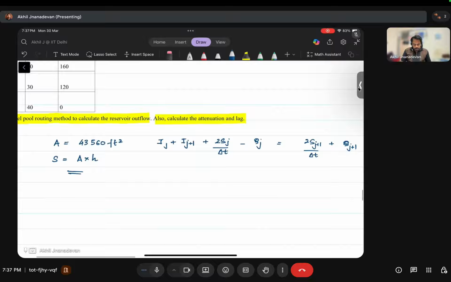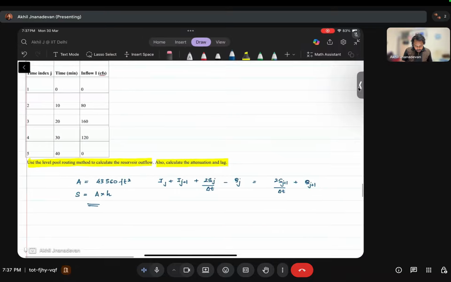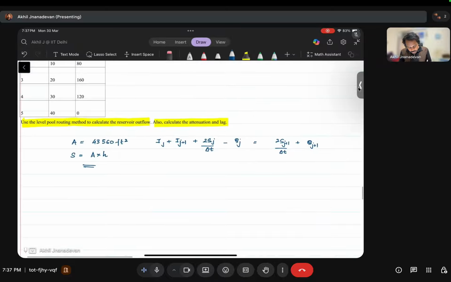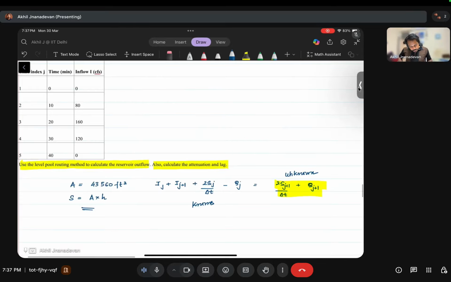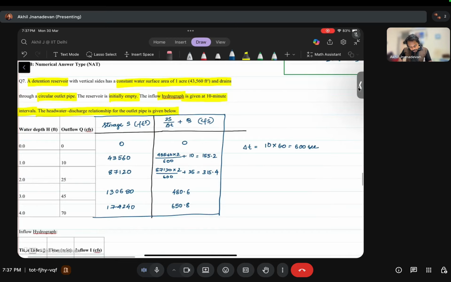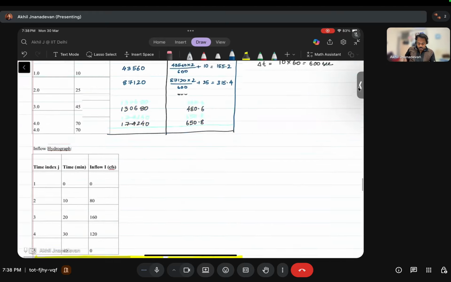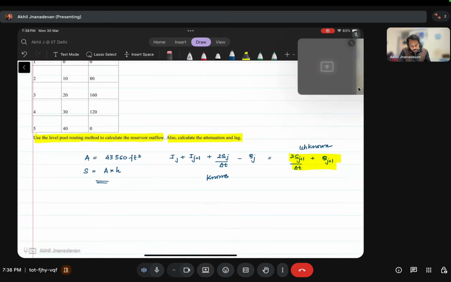This is why we made the column 2S by delta t plus q. This is the unknown term, so that's why we made this relationship with q, so that we can find this unknown using these known terms. Then we have this relationship already with us, and from this we can find the q values corresponding to this unknown 2S_j+1 by delta t plus Q_j+1.